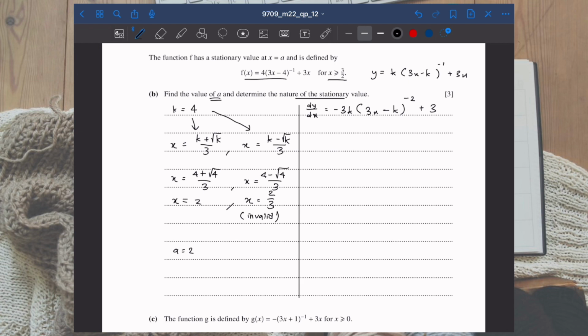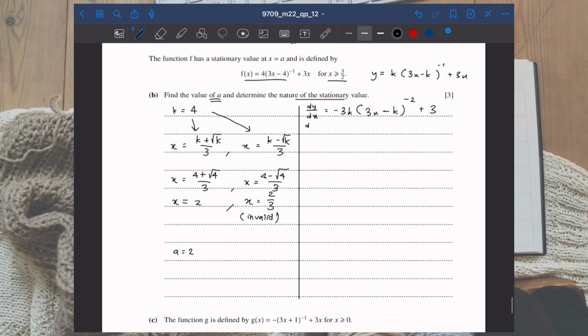So our dy/dx for the function f of x is negative 3 times 4, which is negative 12, times (3x minus 4) to the power of negative 2, plus 3.